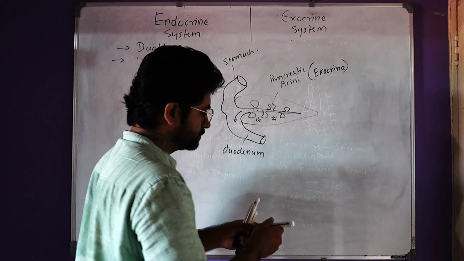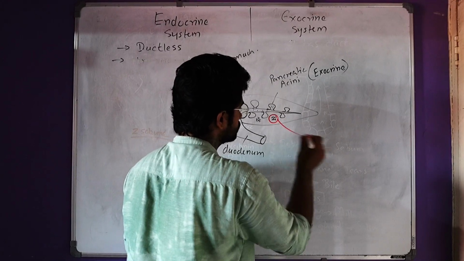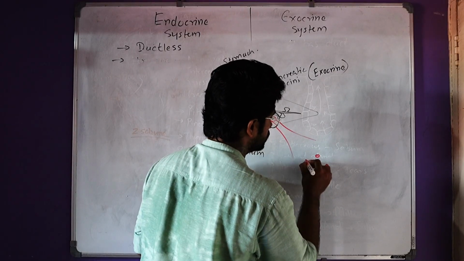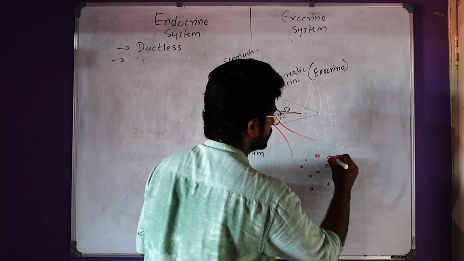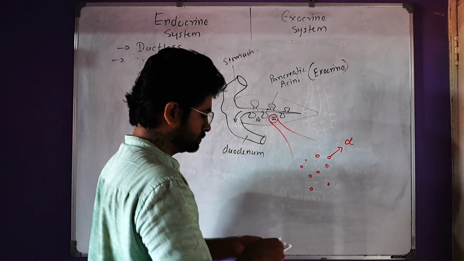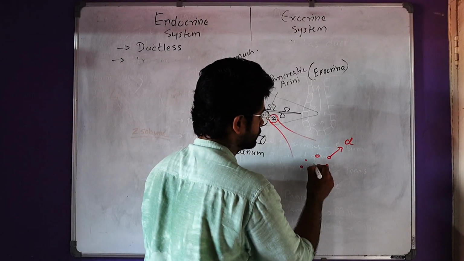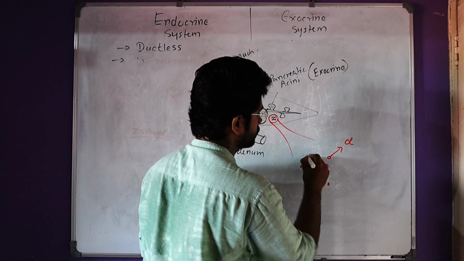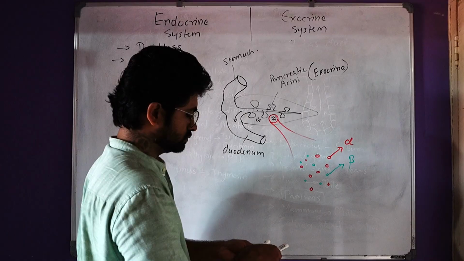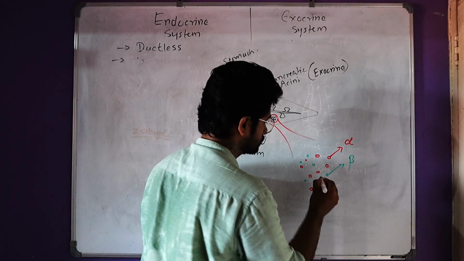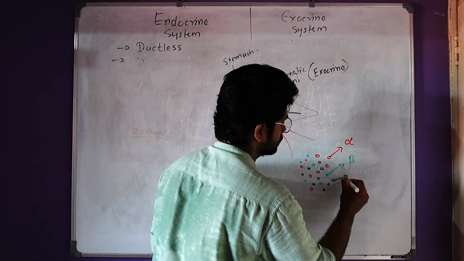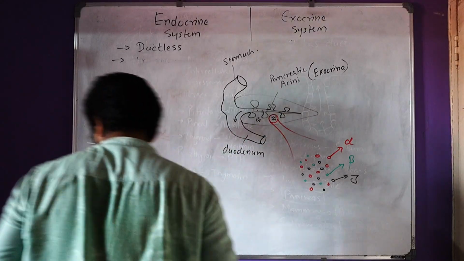So let's zoom one of them. So these are the cells. Let's call them alpha cells. Let's call them beta. Delta cells.